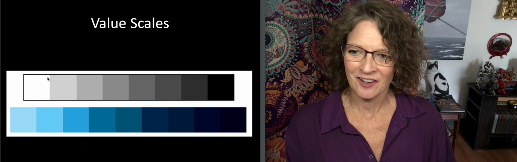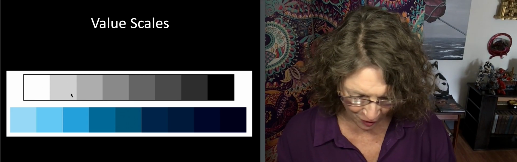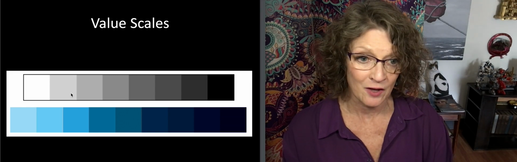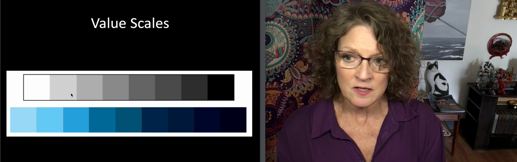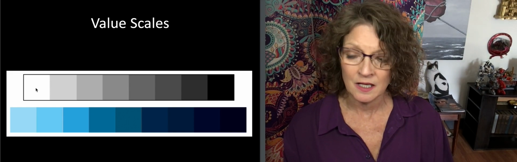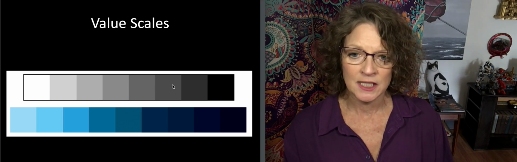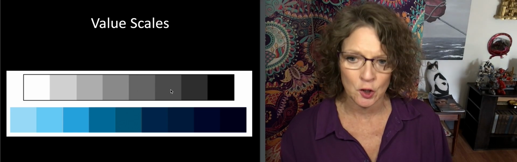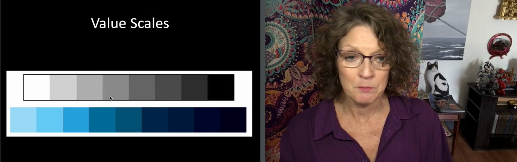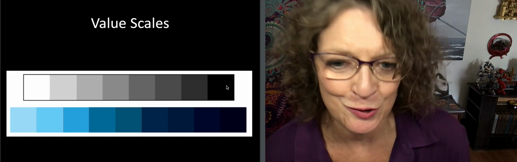A value scale is a way of understanding for the learning artist how they can create value by starting with, say, a piece of white paper or pure white paint, and making swatches that incrementally get a little bit darker, a little bit darker. You find a medium shade right here, and then you go all the way to black.